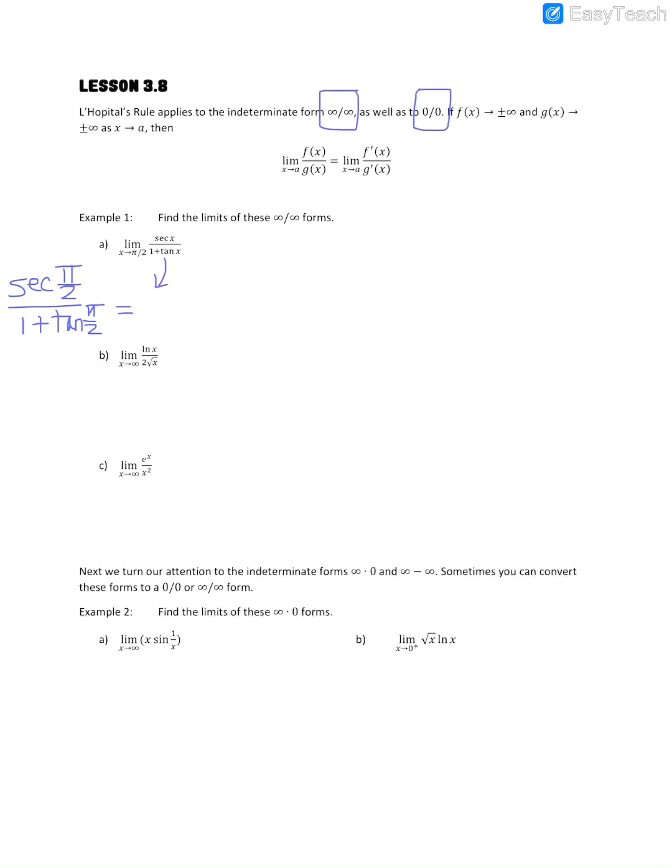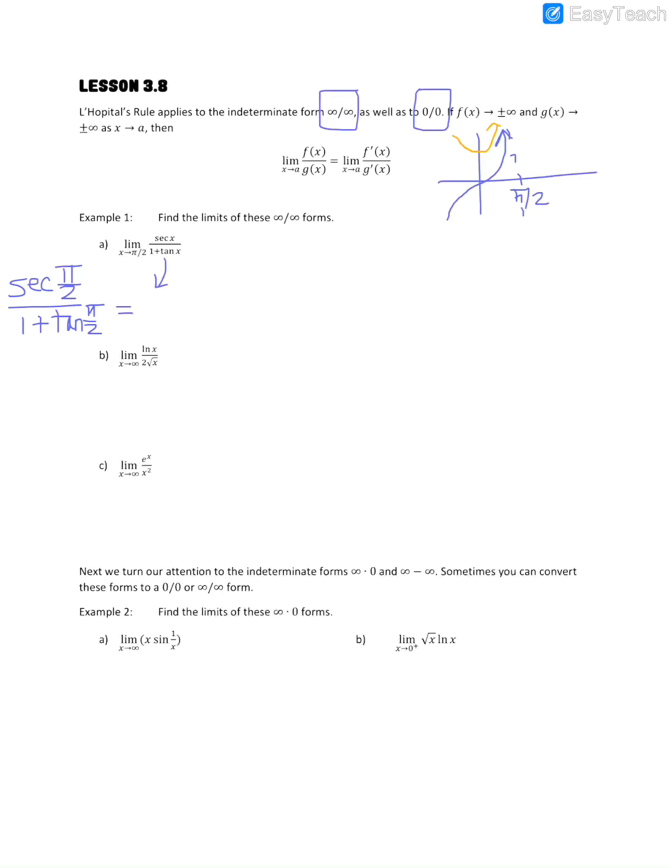If you remember, secant and tangent have asymptotes, and they both have asymptotes at pi over 2. So if I was drawing that graph, at pi over 2 I have a vertical asymptote there. And so what happens is, like the tan graph, the graph goes up at that point. Secant, I'll draw it in orange, same thing, the graph goes up at that point.